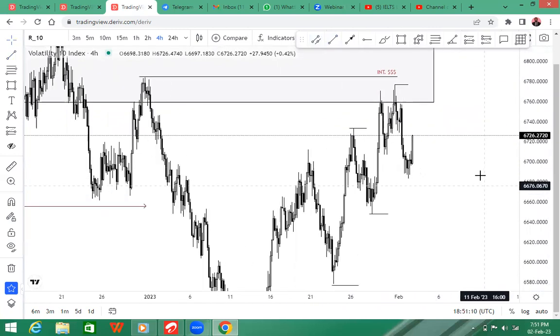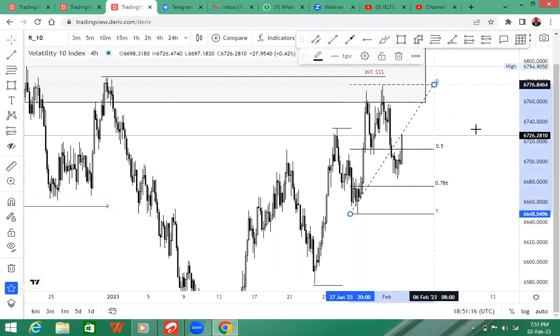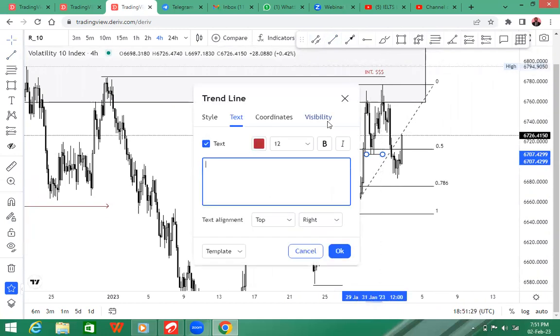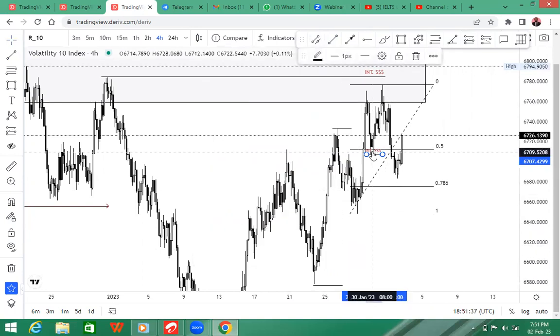If I zoom in and capture from this low to this high, you see that was internal liquidity captured. You see how it was captured beautifully, in the form of a double bottom. Internal liquidity was captured in that zone.